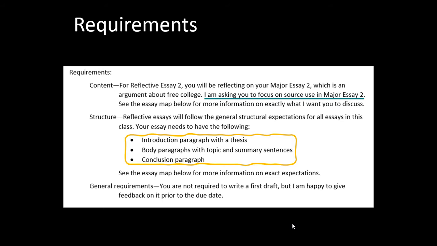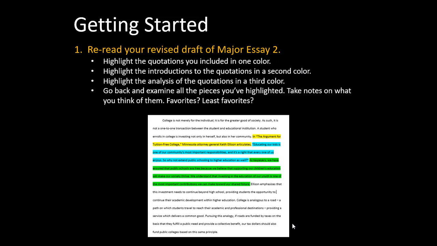You need to have body paragraphs with topic and summary sentences and a conclusion paragraph. And the information about the specifics will be on the essay map, which is on the reflective essay 2 assignment sheet. So that's the overview of the reflective essay.